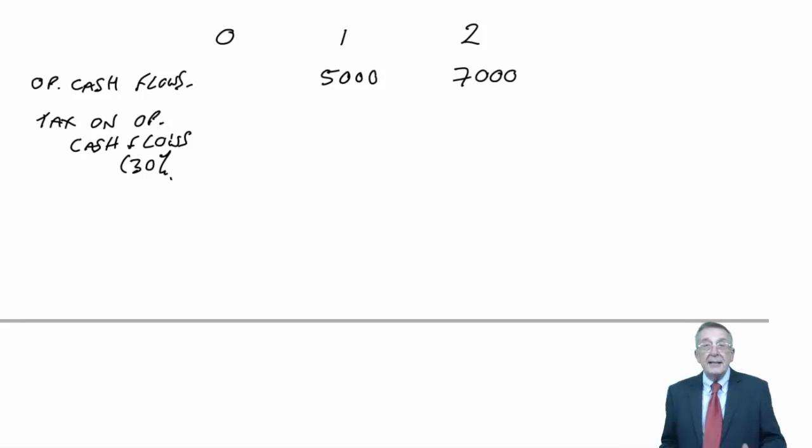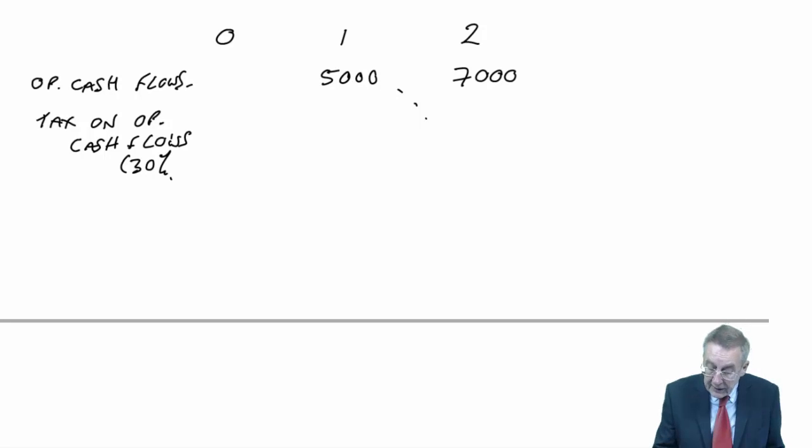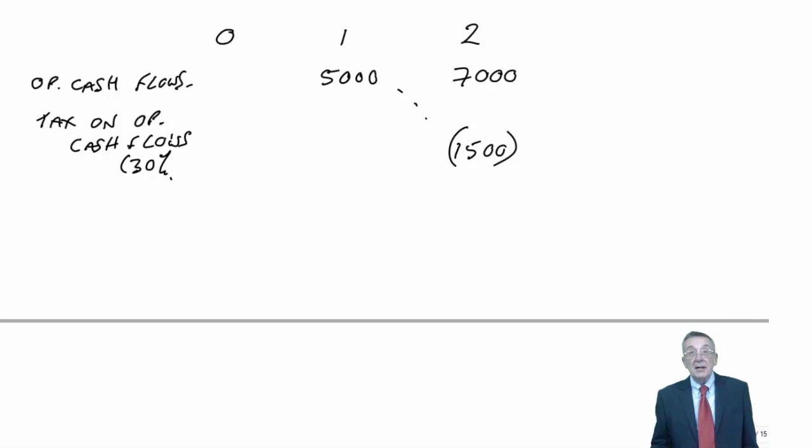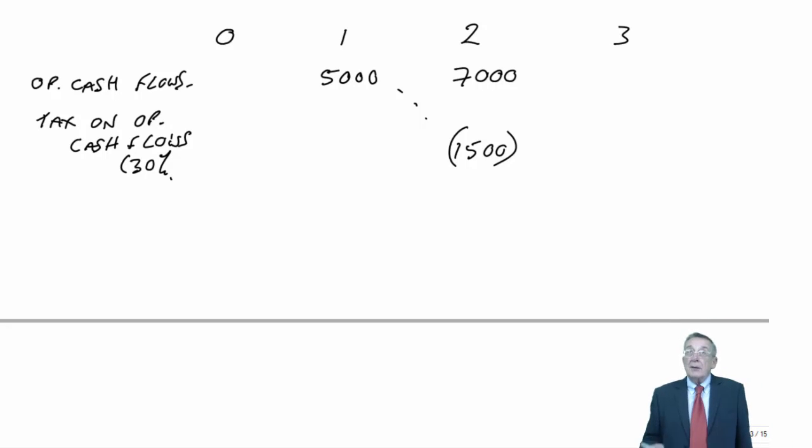If the question had said it was payable immediately, at time 1 you receive 5,000 and you'd pay 1,500. But here it says we pay it 1 year late, 1 year in arrears. And so the tax on the 5,000 will be payable in 2 years' time. And similarly, the tax on the 7,000, 30% is 2,100.